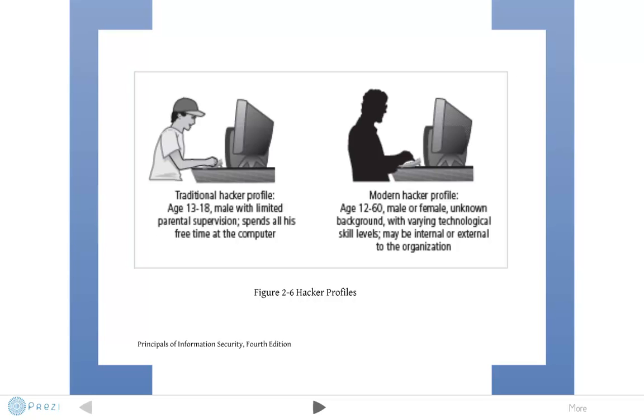Because the ages range from the time you can start typing to the time when your hands are so arthritis-driven that you can't type, and male or female, unknown background, and so forth. I think we're seeing a change here in what hackers do, why they do that. What do you think were the motivational factors of the traditional hacker? Why were hackers doing the things they were doing in the past?